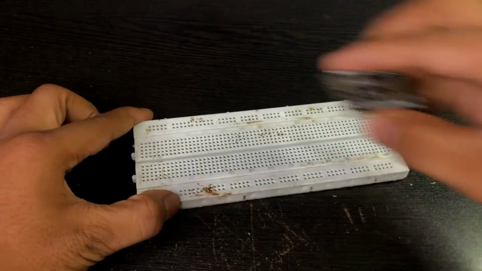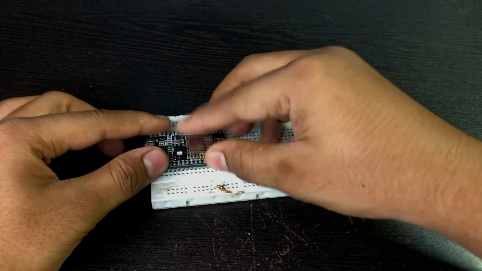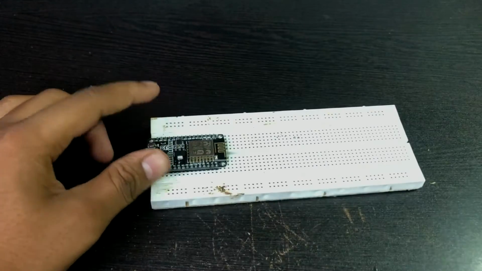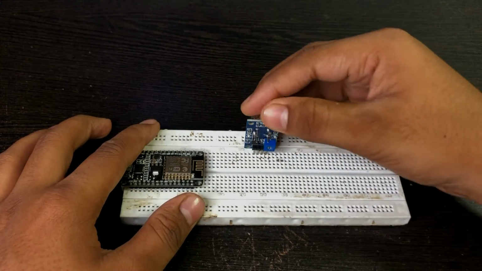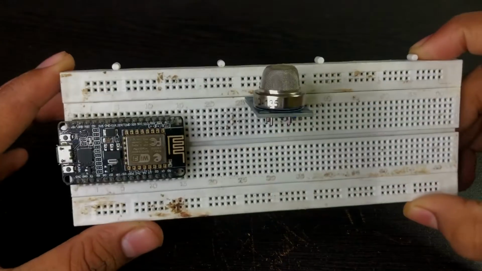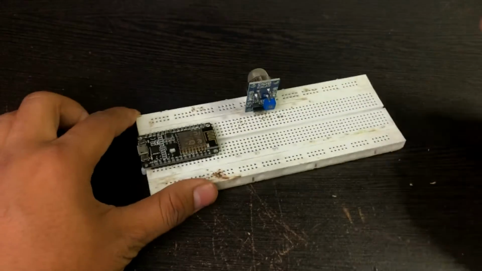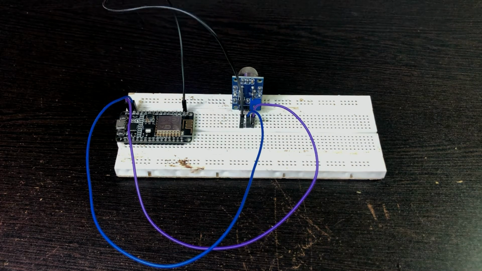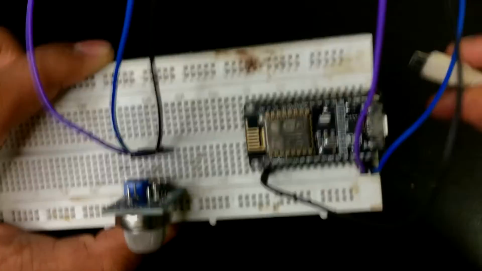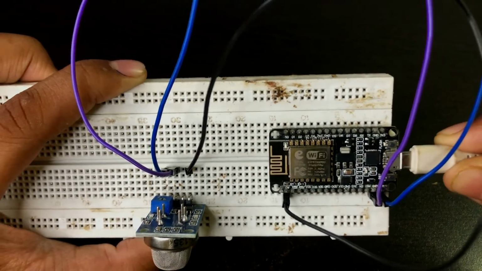Mount the components on the breadboard and connect them with jumper wires. Now follow the circuit diagram and make your connections. After completing the connections, connect your ESP board with your computer.